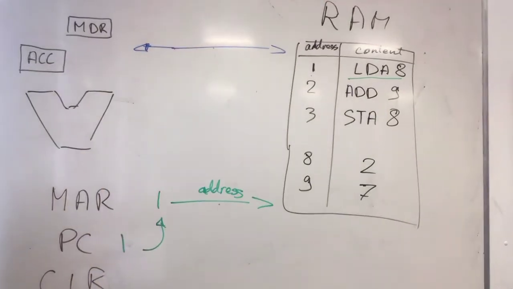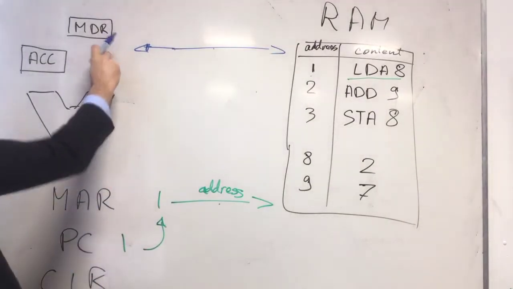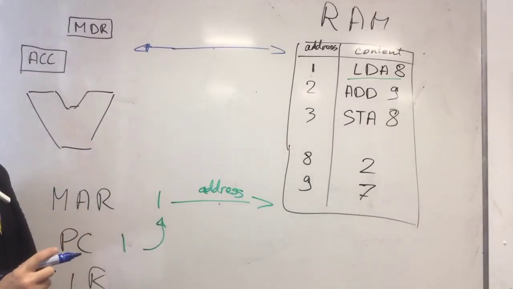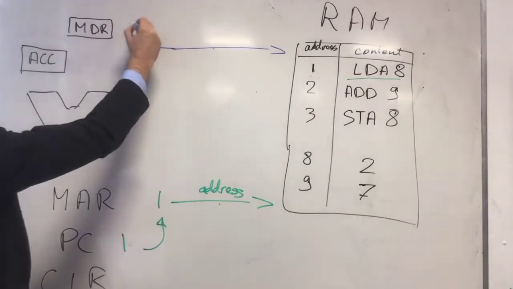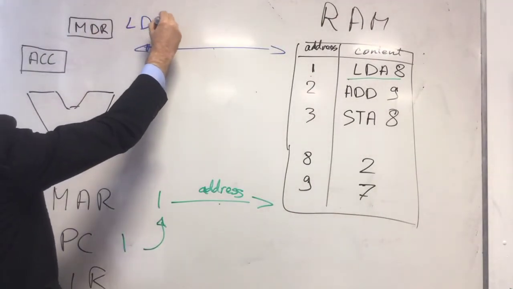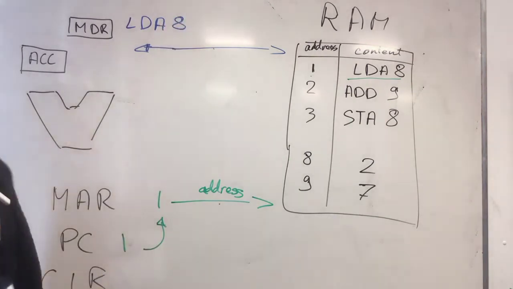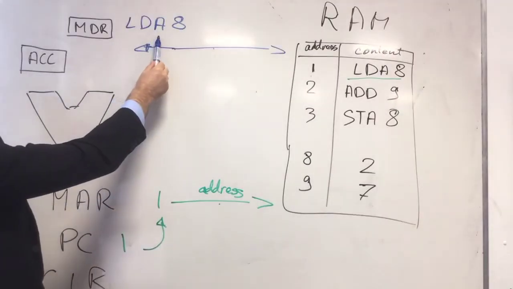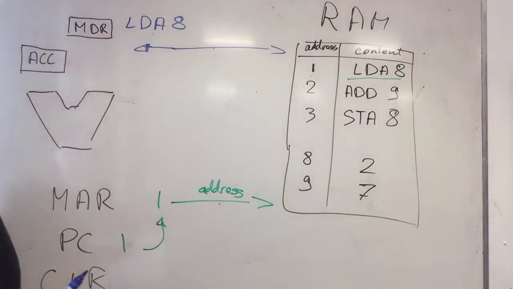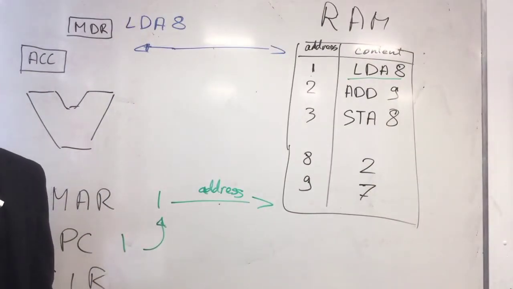So at this stage, the MDR will contain this content: LDA 8. What can we say about the content of the MDR at this instance?